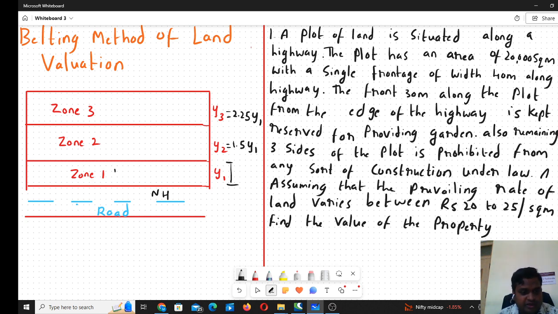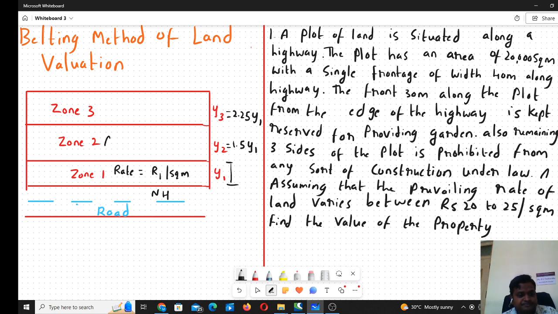Now coming to rates. Generally we know that the part of the land which is nearer to the road will have the highest rate. Suppose I consider it as rate R1 per square meter for zone 1.